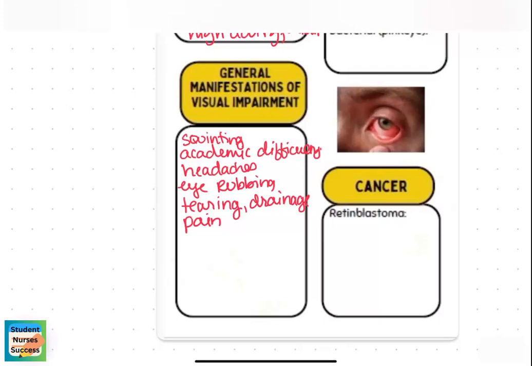You might even notice that the eyes are not aligned. Also, we might notice a change in visual acuity, maybe blurry vision or a decrease in visual acuity.